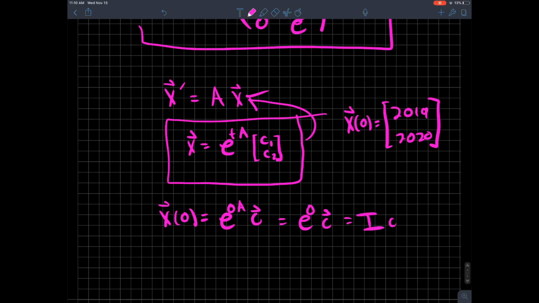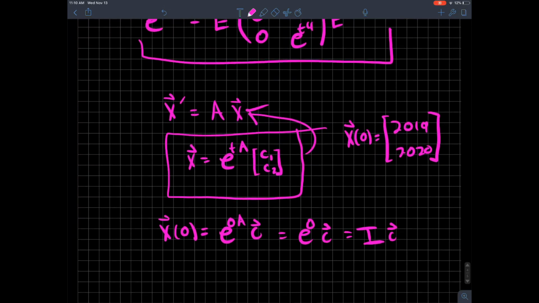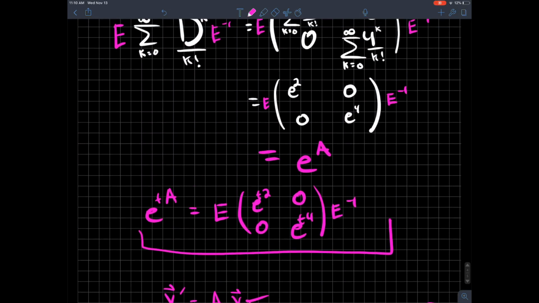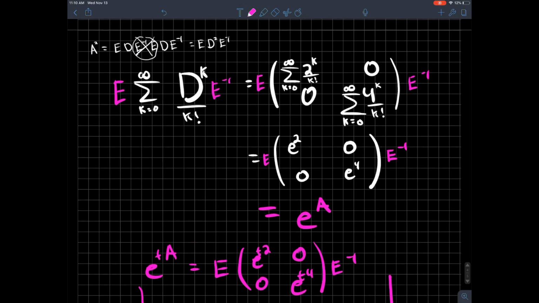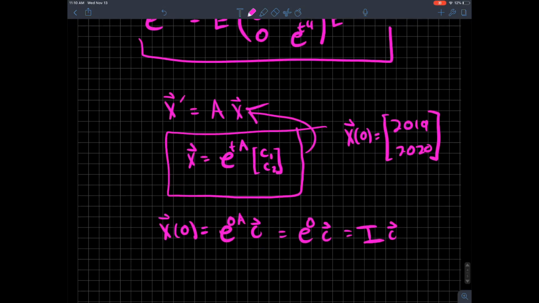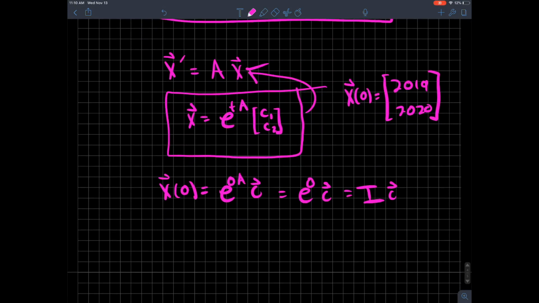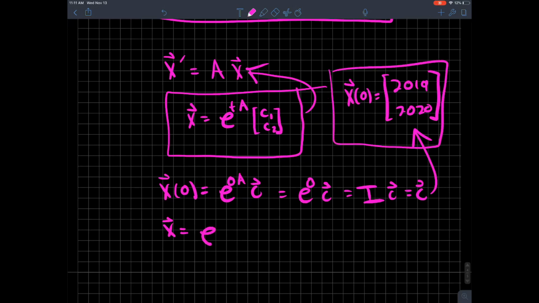How do you know that's true? Go ahead and plug in 0 to the Taylor series. Follow the algorithm going on here, and that's exactly what you're going to get. So what are our constants? It's going to be exactly that. Then our solution, with this initial condition, is going to be e to the tA times our initial condition. Awesome.